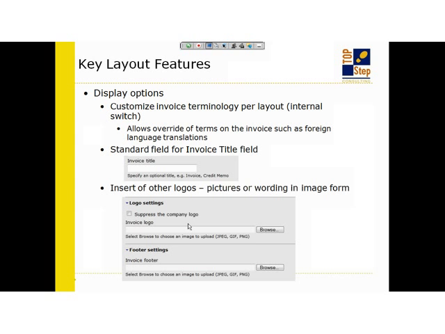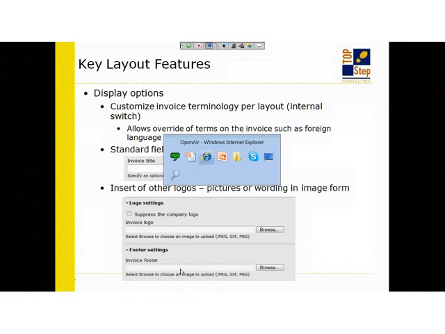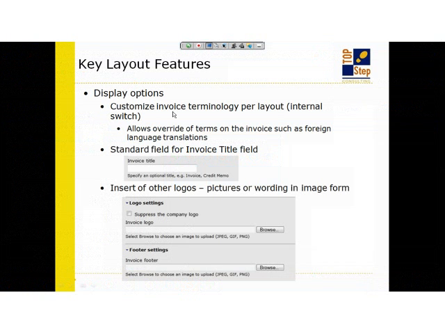Now, the rest of the information on the invoice would then just have to be in that language based on the way you entered the data into the system, such as a person's name or the company name or the word hourly. Actually, hourly is something you can override already. But this is how you basically translate invoices into a foreign language, by using this customized invoice terminology.